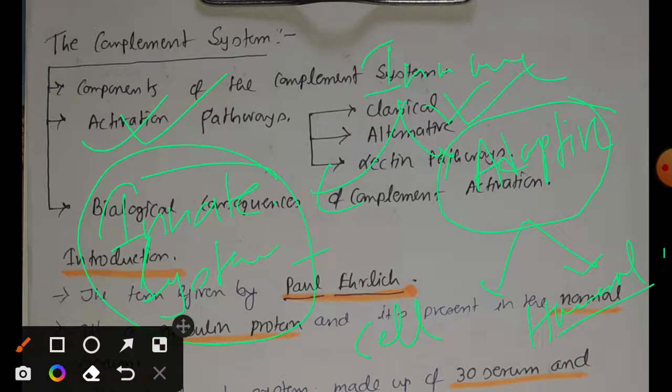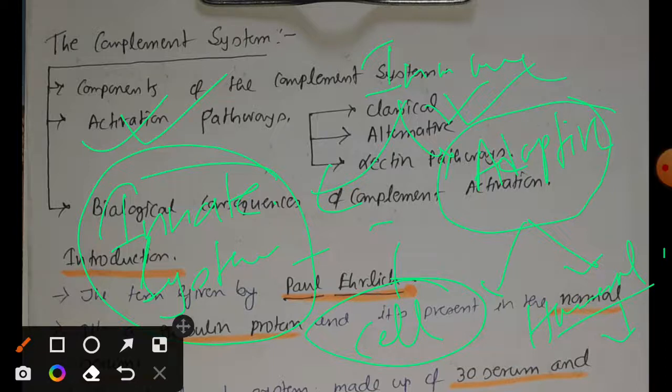I think you have probably heard about the term antibody. Antibody belongs to the humoral immune response, and I think you have also heard about the term T cell, right? Those T cells belong to the cell mediated immune response.